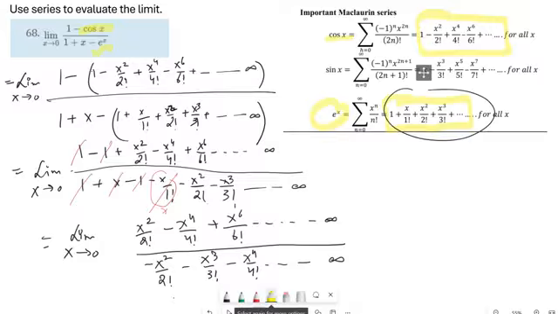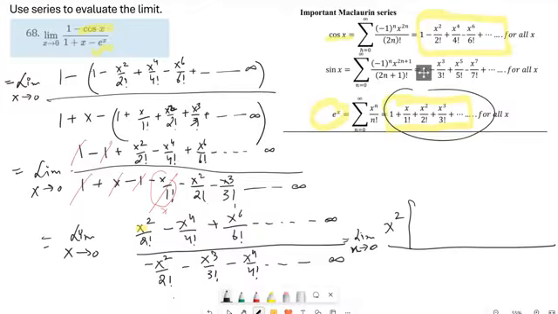I notice all the terms in the numerator have x squared, so I can factor x squared out. What will be left inside? Oh, I have to write still because I have not run the limit yet. Limit x approaches to 0.